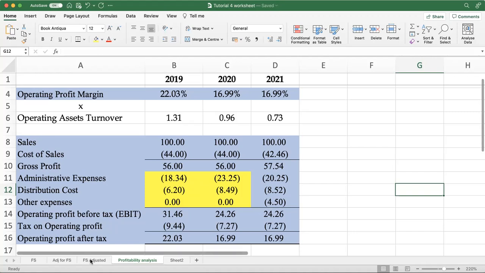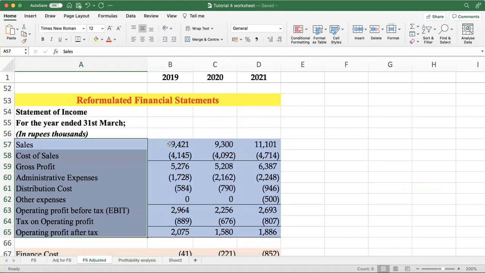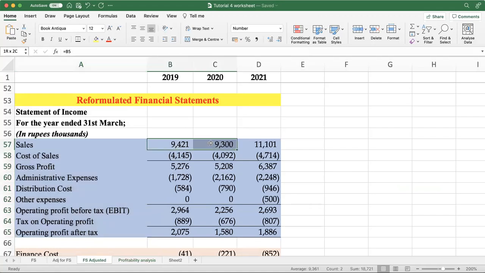Now, if you look at the financial statements, 2019 and 20, you see the sales value has gone down.